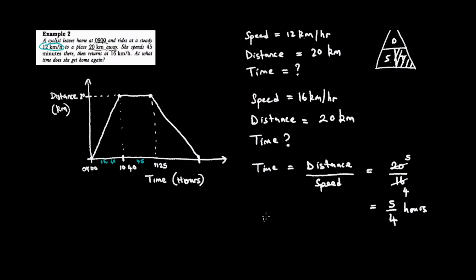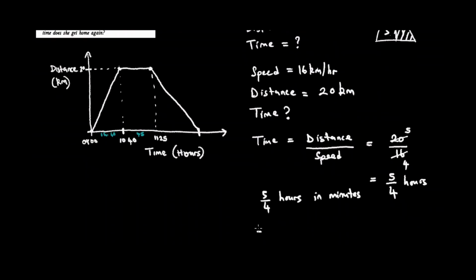Saka panapa manje takuti 5 over 4 hours in minutes. This is equal to 5 over 4 times 60. Panapa toti tokunoshandisa 4 aneta 4 into 4 1, 4 into 6 ndi 1, 5 6 2, then 4 into 20 ndi 5, ko 15 times 5 ndiani 5 to carry 2 5 6 7 75.